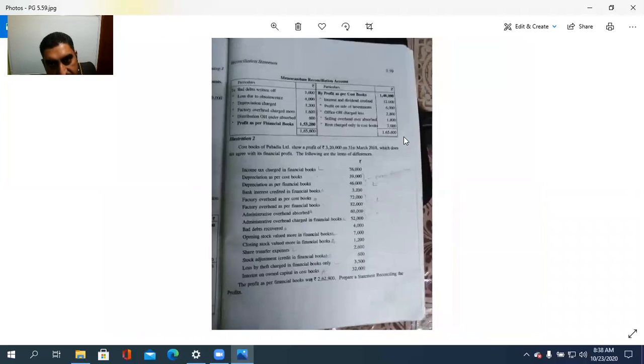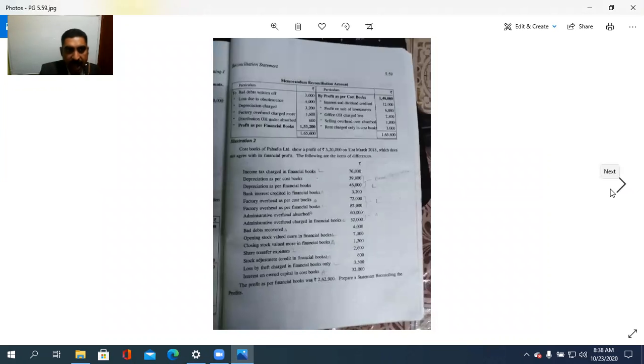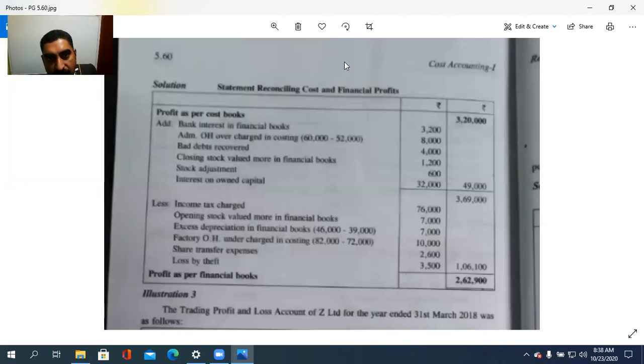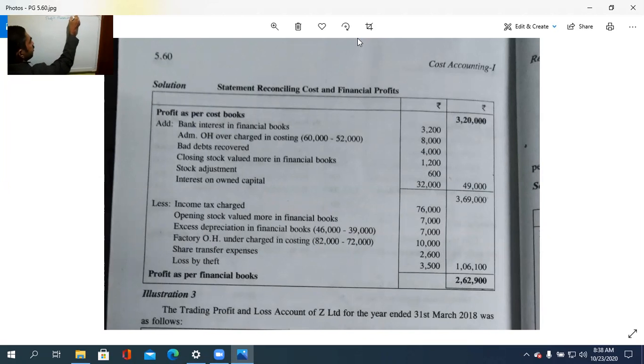That is the case. So what all items should be added and what all items should be deducted, that we need to check. Okay. So here, how the profit reconciliation statement is to be prepared, we need to see. The statement reconciling cost and financial profit, the profit reconciliation statement.